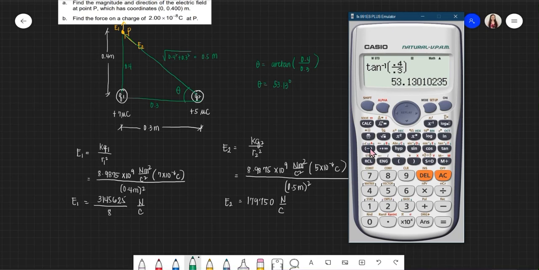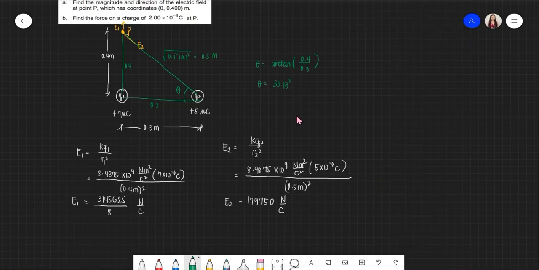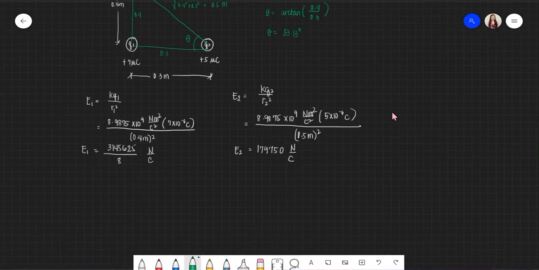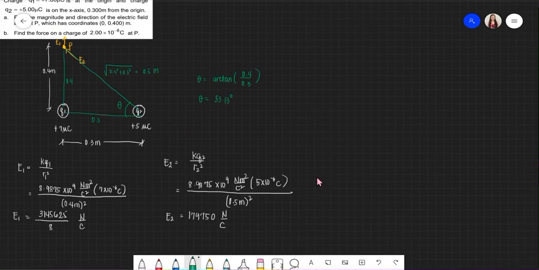Let's just store that in A. Okay. So to find the net field at P, we have to find the summation of the horizontal and the vertical components.